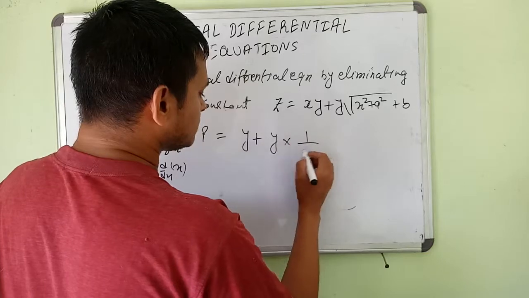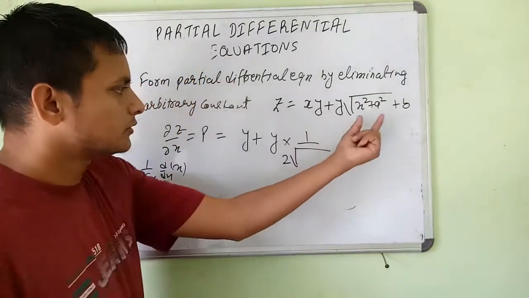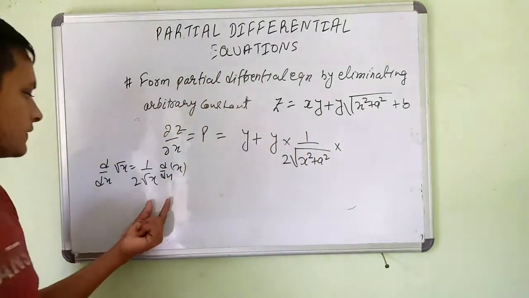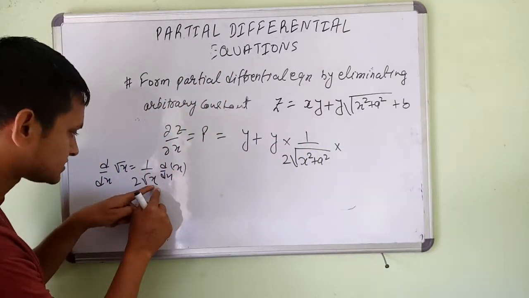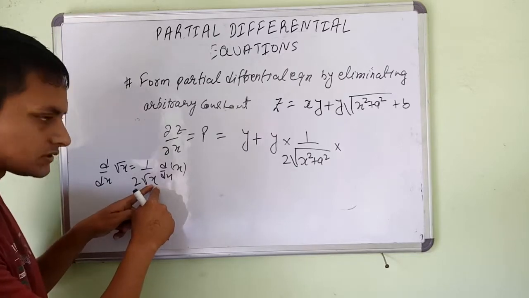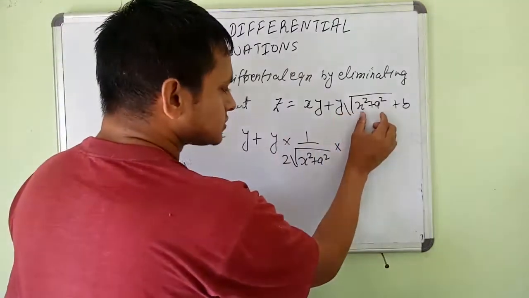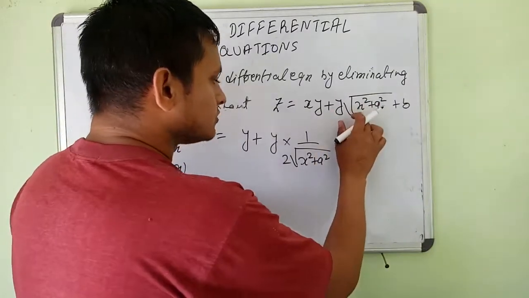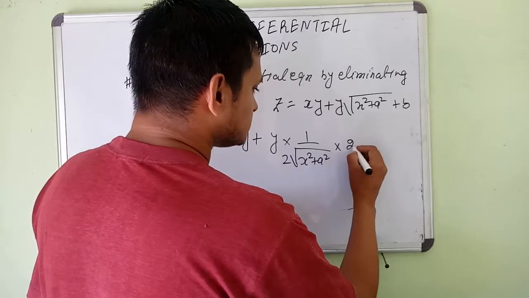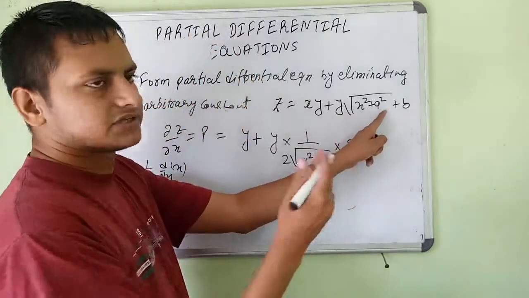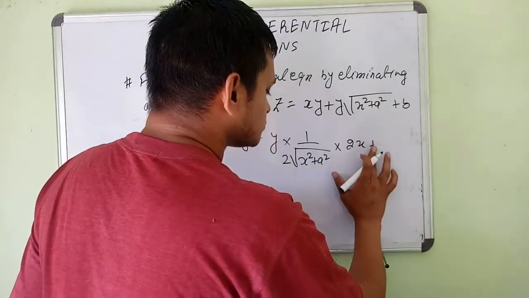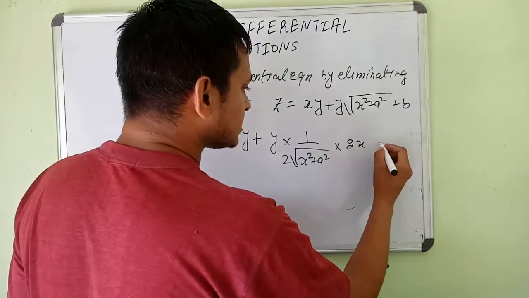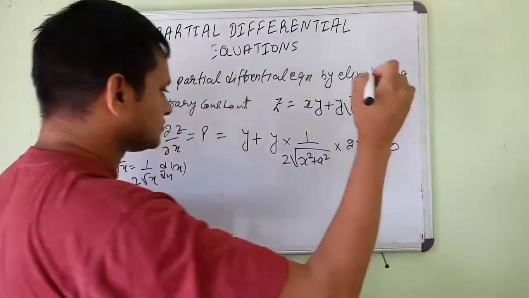So it is 1 divided by 2 root of x squared plus a squared. Again the derivative of what is below in this root. Now this root contains two terms, x squared plus a squared. So the derivative of x squared is 2x, plus a, which is a constant, so it is 0.